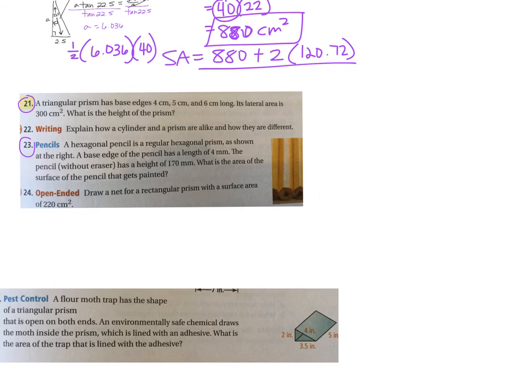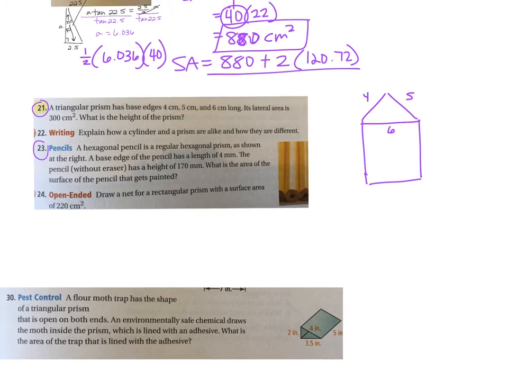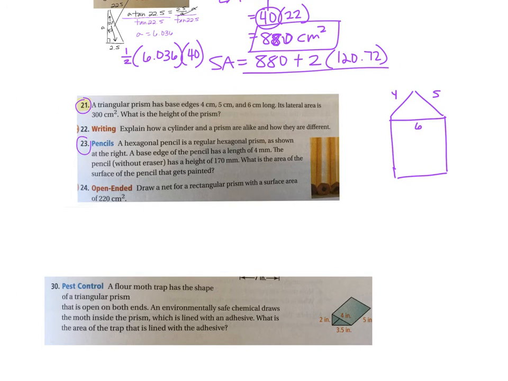So if you think about a triangular prism, a triangular prism has base edges of 4, 5, and 6. Its lateral area is 300 square centimeters. What is the height?